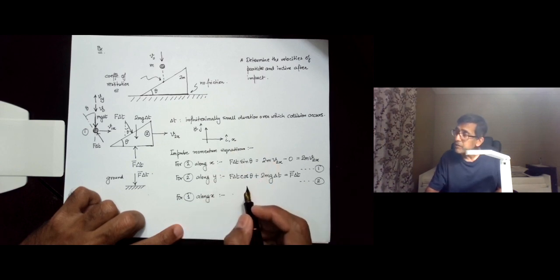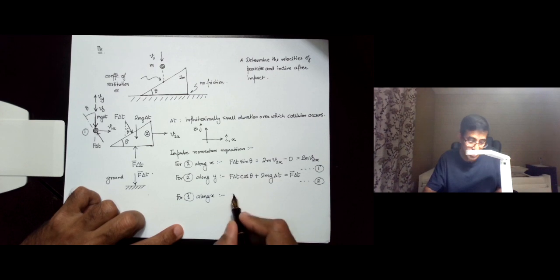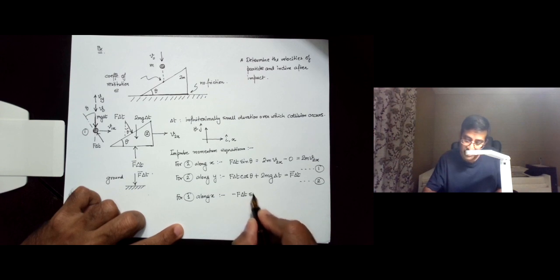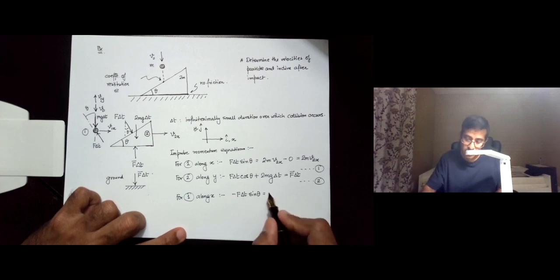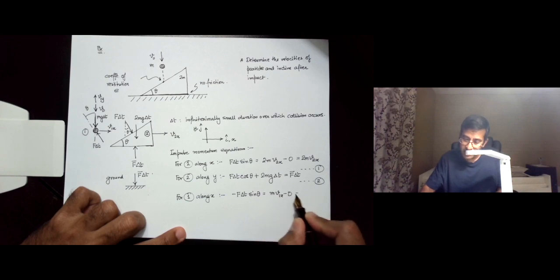So we will have negative F delta t sine theta equal to the change in momentum in the x direction for particle 1. So m v1x minus 0 is equal to m v1x. So that's equation 3.